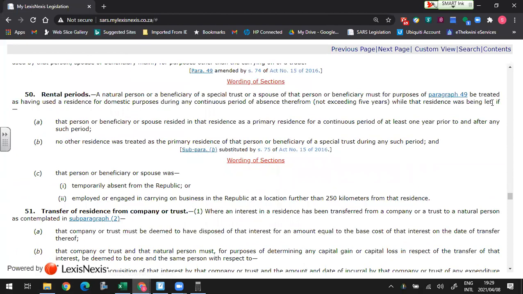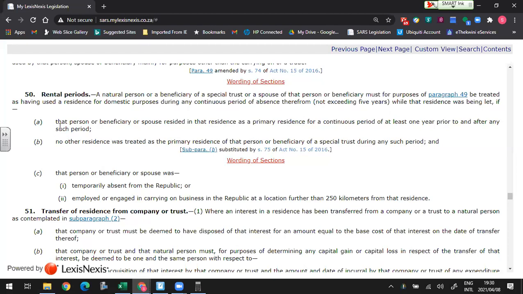So I would write something down saying that she let it out for less than 5 years. So paragraph 50 says it can still be your primary residence if you let it out for a period not exceeding 5 years. But we now need to carry on reading because this is 8 marks.